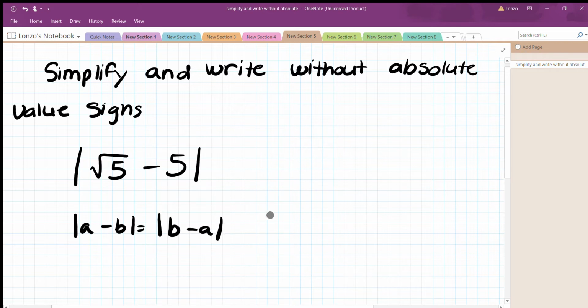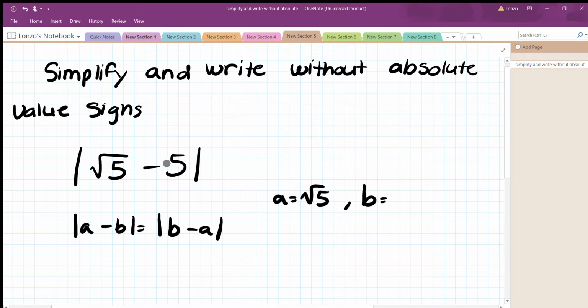So let's look at this. What is our A? Our A is square root of 5, right? And our B, now our B is not negative 5.